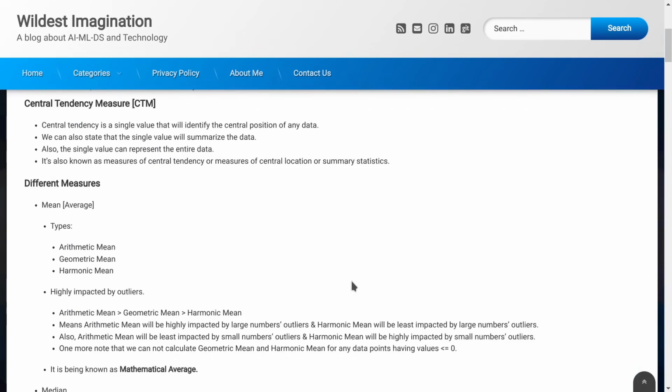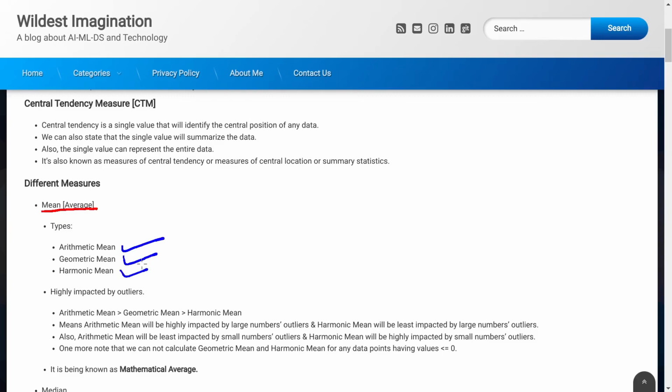Now let's see what the different measures available in statistics are. In statistics, we have three different measures available: mean, mode, and median. Within mean, we have three more types: arithmetic mean, geometric mean, and harmonic mean.